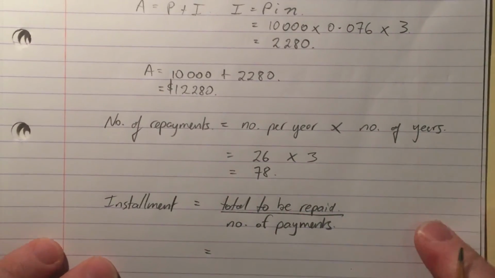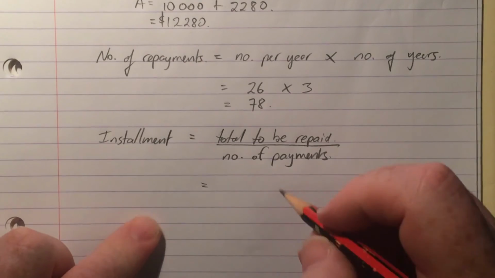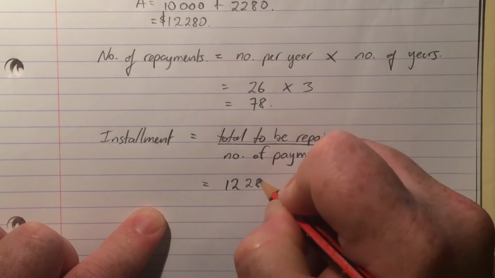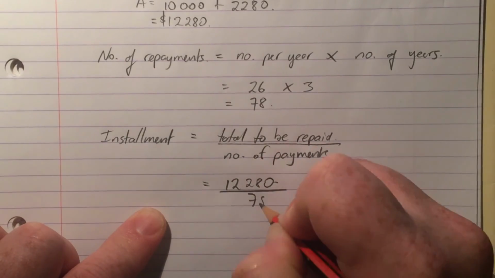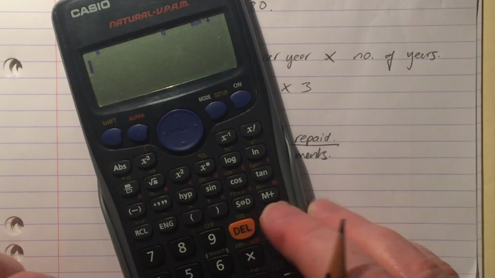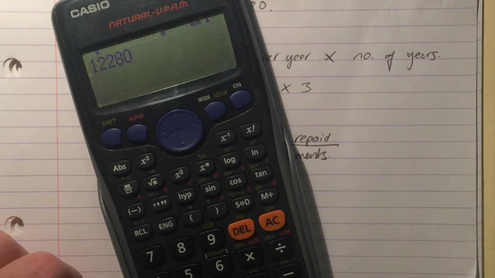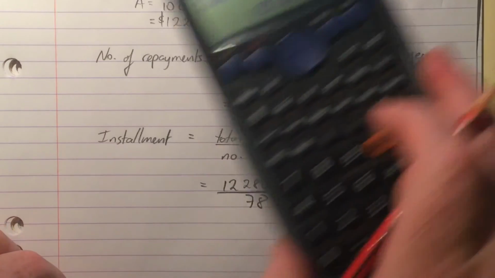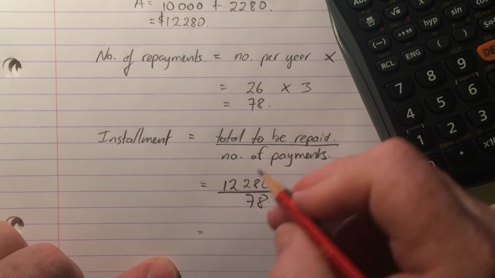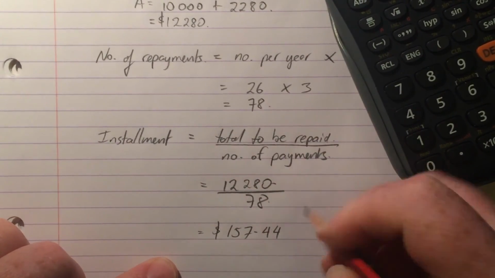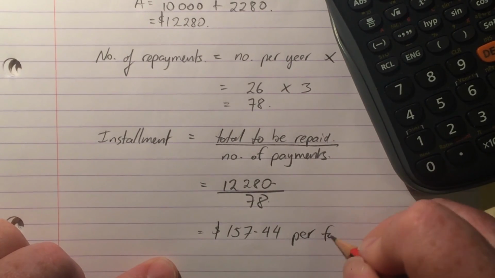So in this case, that will be $12,280 divided by 78. So on our calculator, 12,280 divided by 78, we get a payment amount of $157.44. And that's per fortnight.